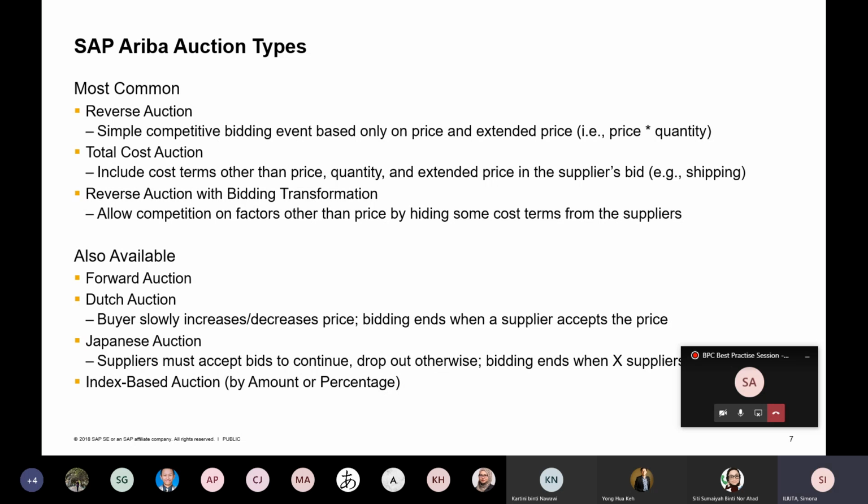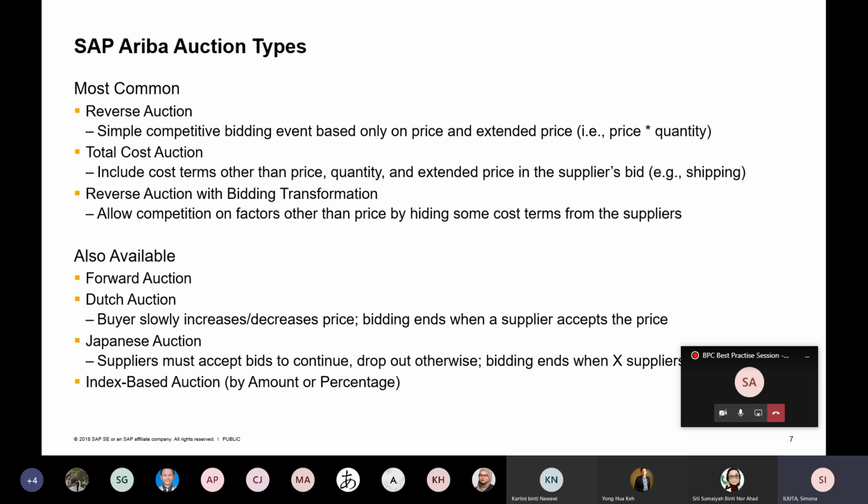It means that in standard out-of-the-box templates, Ariba allows you to run a simple reverse auction where you have simple competitive bidding, where you ask the suppliers to give you only some information on price. And Ariba calculates the extended price by price multiplied by quantity. So you have a template, very simple, with all sorts of rules, but where you only request from your suppliers the raw price.